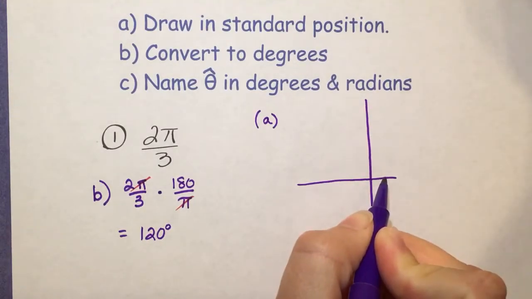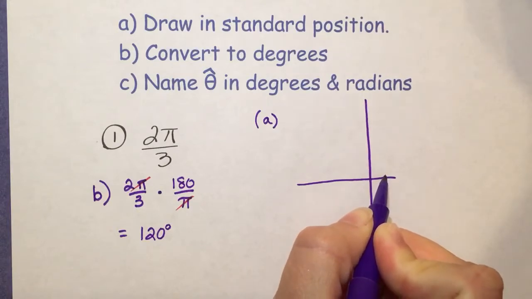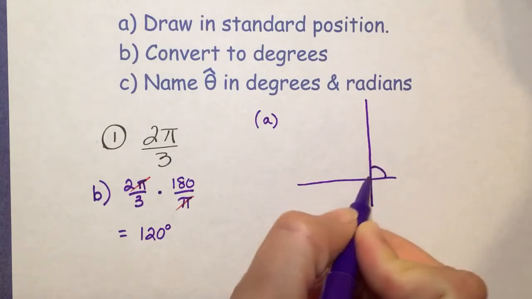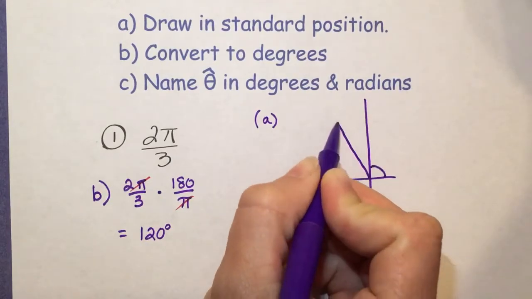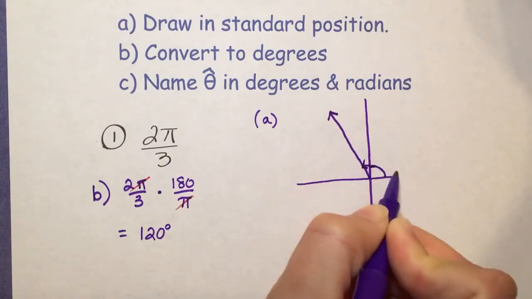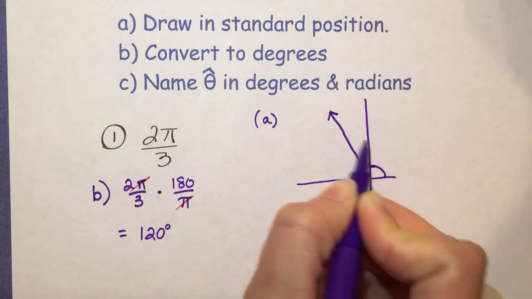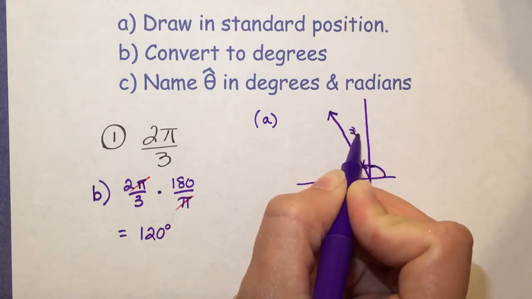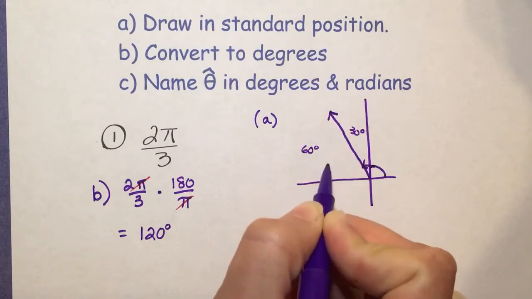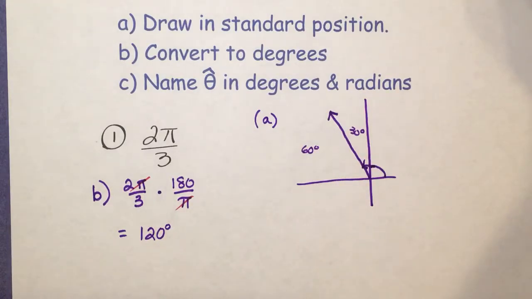Okay, so as you rotate in the positive direction through the first quadrant, of course that's 90 degrees, so then you'll need to go 30 degrees more, so your terminal side will fall somewhere within this area. So of course this quadrant here was 90 degrees, this little section here was 30 degrees, which means this larger section here would be the 60 degrees.